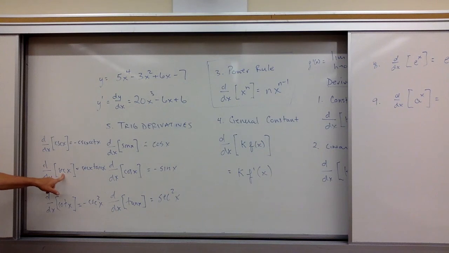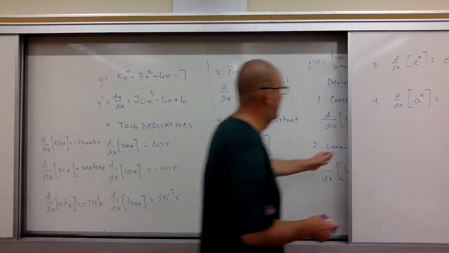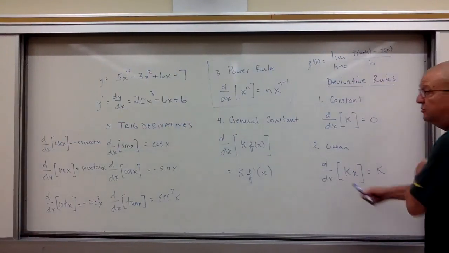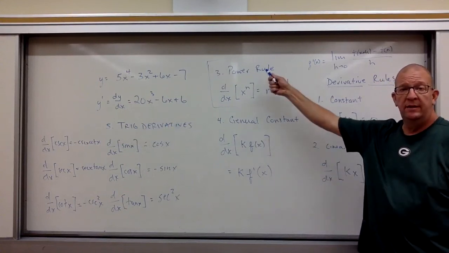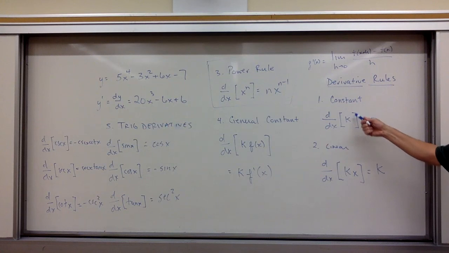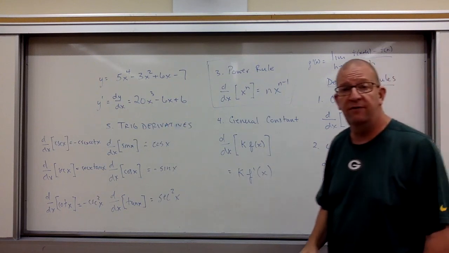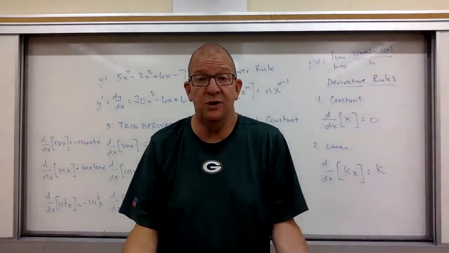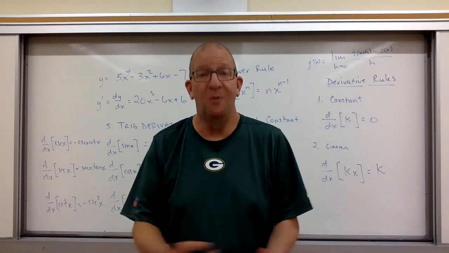Your trig derivatives. Your general constant rule. General power rule. Linear, constant, limit definition of the derivative. Everything you always want to know about derivatives, but we're afraid to ask.